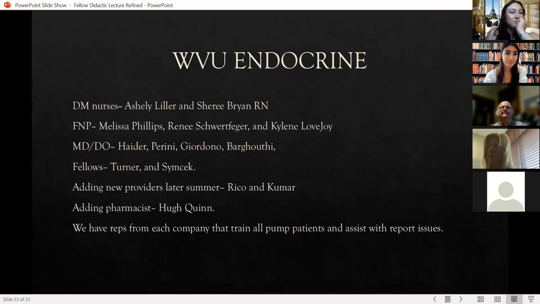If you have a pump patient, you need to also be in touch with your reps so that they can help you not only manage it, but help you troubleshoot through supplies and education processes, because I, as the person making the setting changes, can't be the person telling you how to insert it and take it out. So we have them come in quite often to educate us as well.